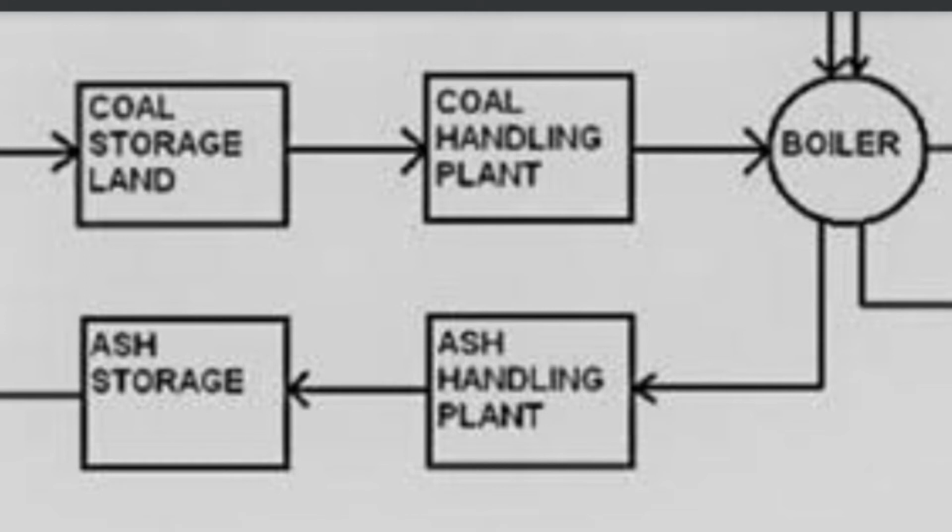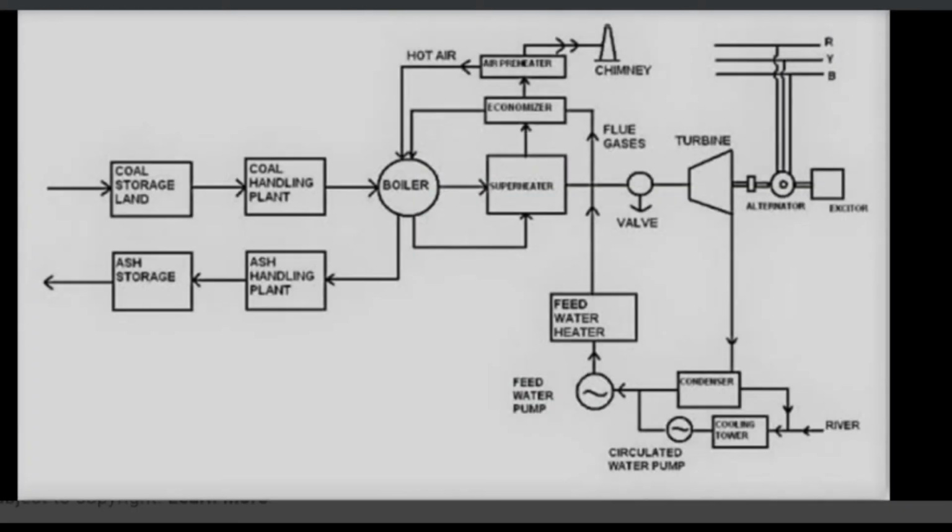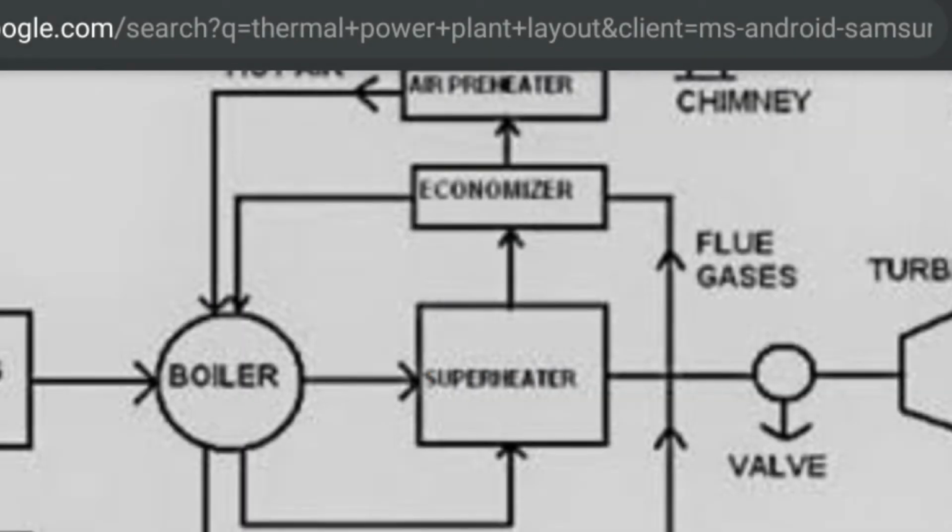In fact, in a thermal station, about 50% to 60% of total operating cost consists of fuel purchasing and its handling. It is very important. So in the thermal power plant, you can see the total diagram of the thermal power plant. Next thing you will see steam generating plant.